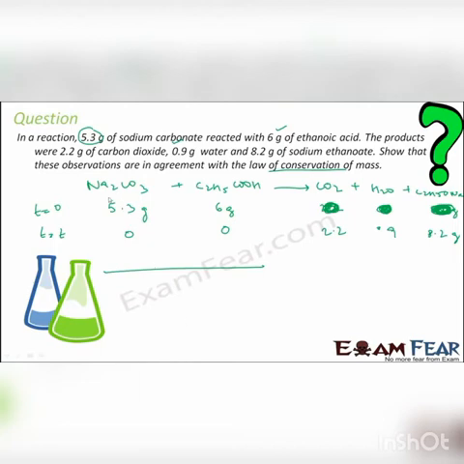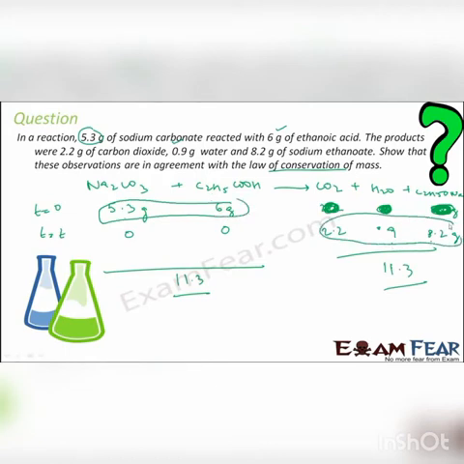So if you see the reactant side quantity or weight, the reactant was 5.3 plus 6, that is 11.3, and the product, you add 8.2 plus 0.9 is 9.1, plus 2.2, 11.3. So you see the reactant and the product match. The law of conservation of mass says that matter can neither be created nor be destroyed. So in this case, we started with 11.3 gram and we have 11.3 gram.